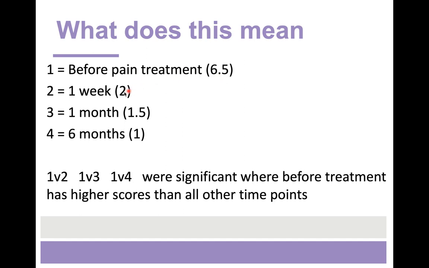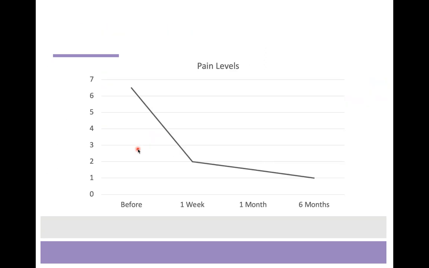Before treatment had higher pain scores than all other time points. What I suggest doing is sketching out just a quick little graph to help you see what this means. Right? We took the mean of each condition, and we just did a quick little graph where we put our condition on the x-axis and our pain score on the y-axis.